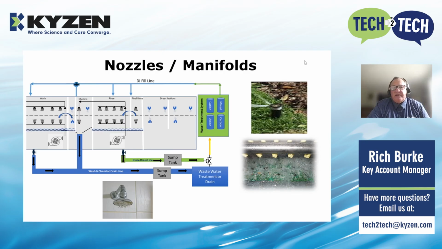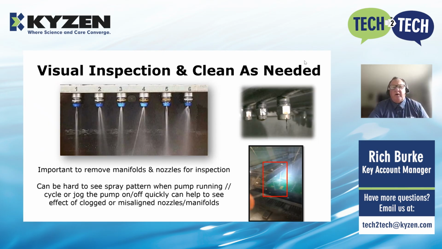We have many nozzles and manifolds, and it's important that we keep those nozzles and manifolds clean so that they function as they're intended to function, and we don't have misses or spots where we don't have adequate cleaning or rinsing within the system itself.